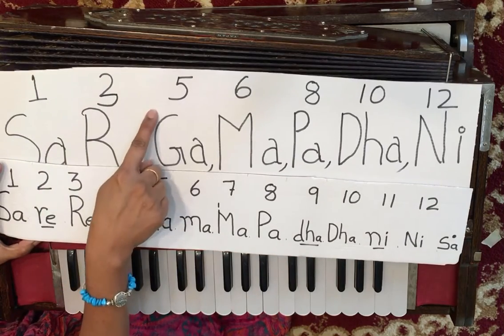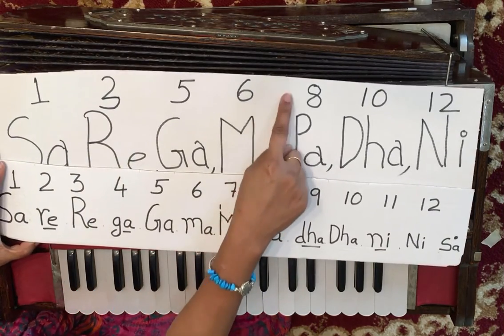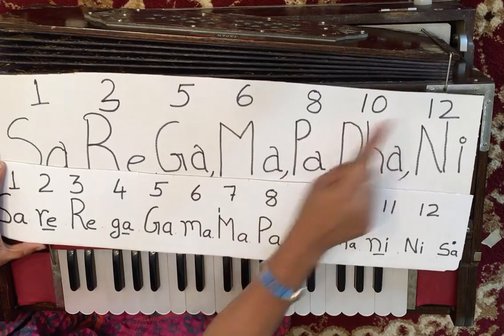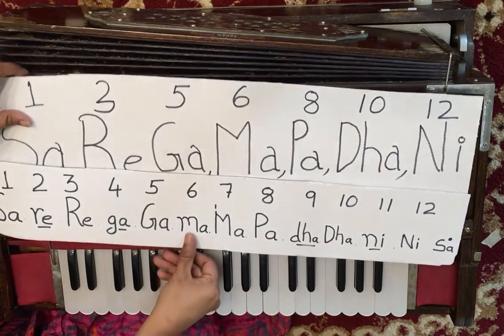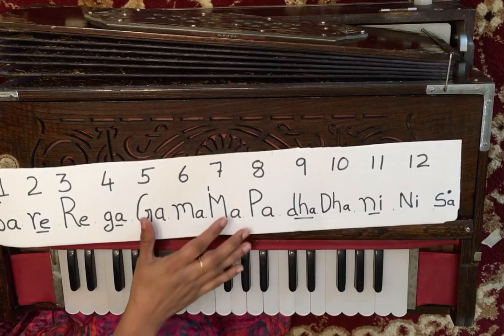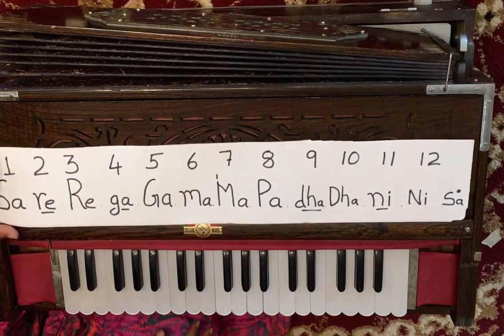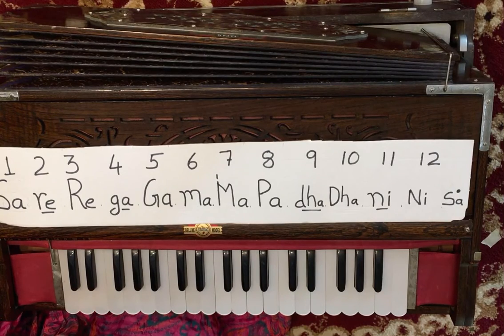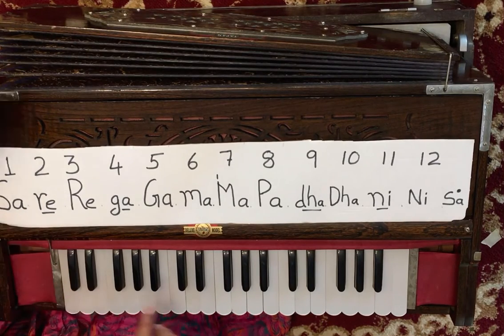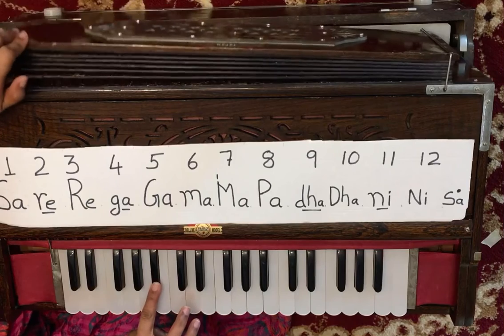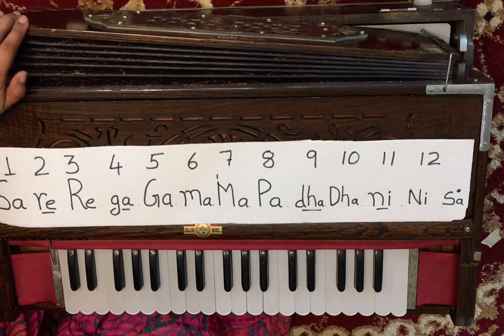What happens to 4? What happens to 7 or 9 or 11? So for that I have this one board which talks about the keys that we haven't been playing so far. So between sa and re, coming back to our usual sa, let's play that.